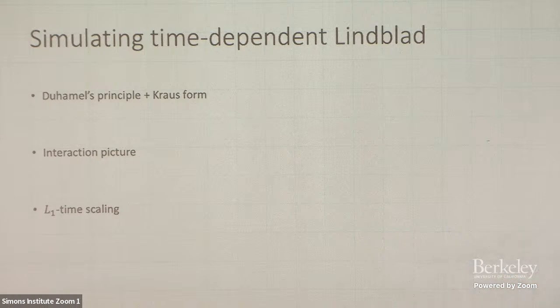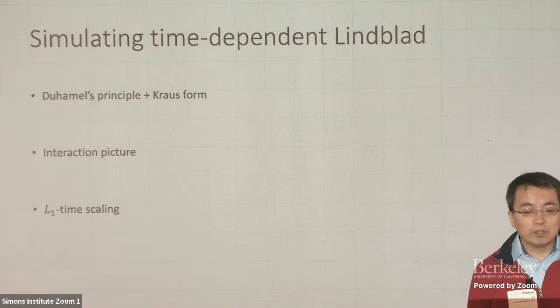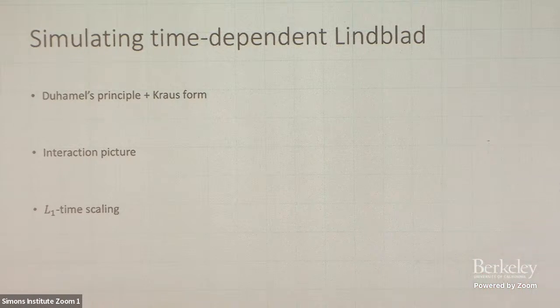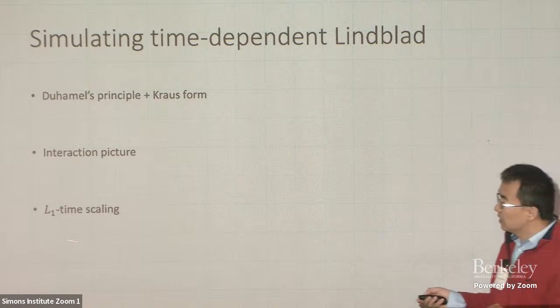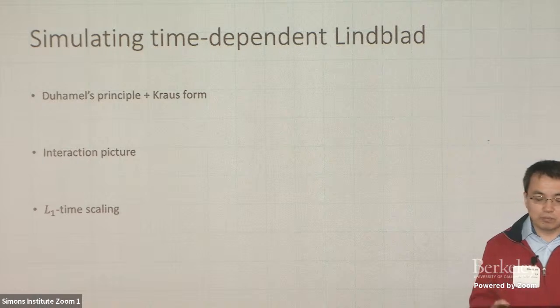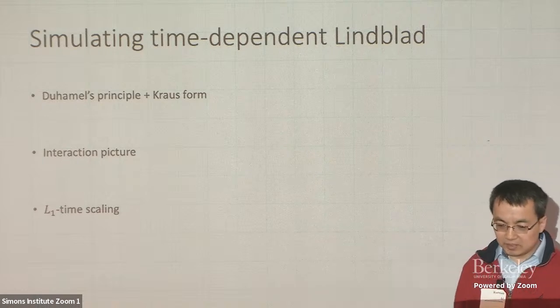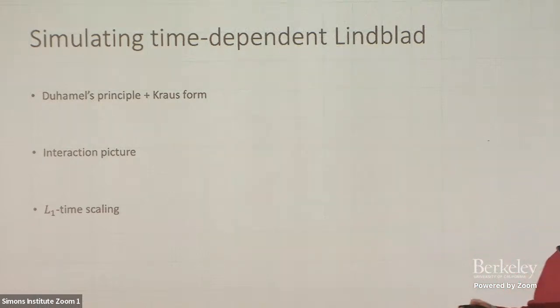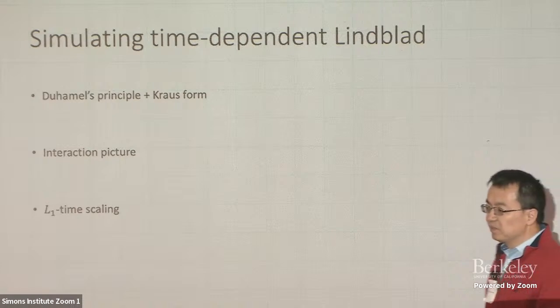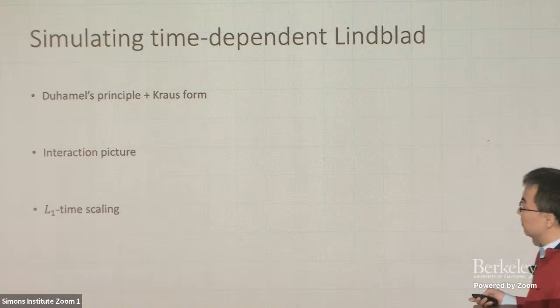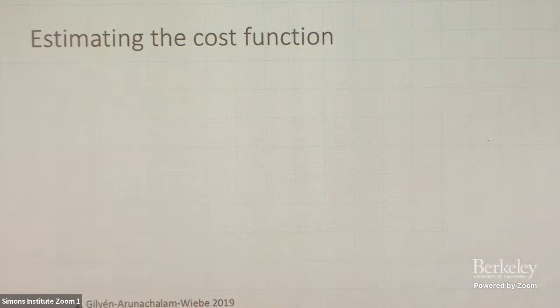You could have a Lindblad equation where you have a dominant term that looks very simple and can be fast forwarded, right? We also looked at a trick in Hamiltonian simulation, the L1 time scaling, so you have a better complexity in terms of the norm of the Lindbladians. If you want to know the details, you can look at that paper. That paper turned out not just to be about quantum optimal control, but also about Lindblad simulations.